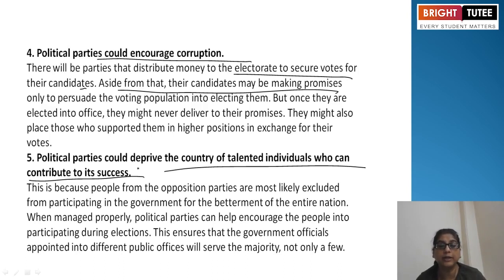When managed properly, political parties can help encourage the people to participate during elections, and this ensures that the government officials appointed into different public offices will serve the majority, not only a few. So, how could we conclude it? We may admit the weight of the criticism advanced against the party system, and it shall not be wise to throw the baby out with the bathwater.